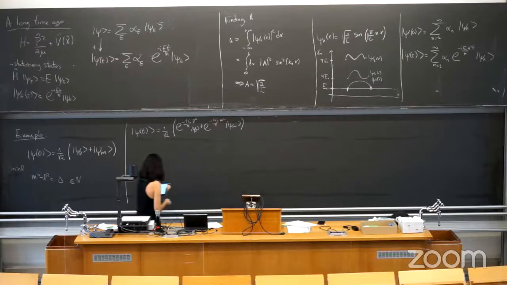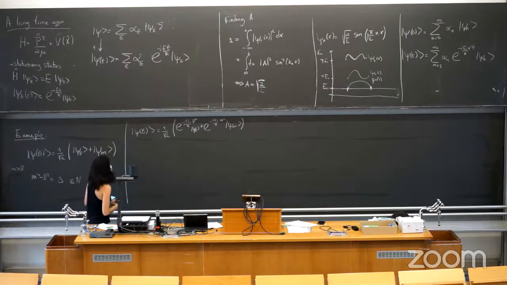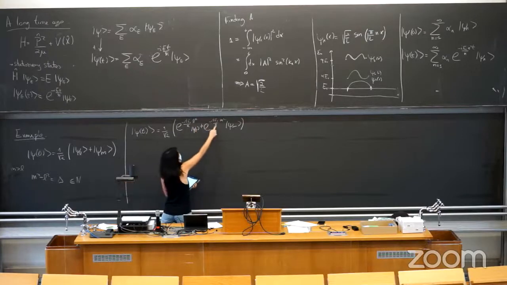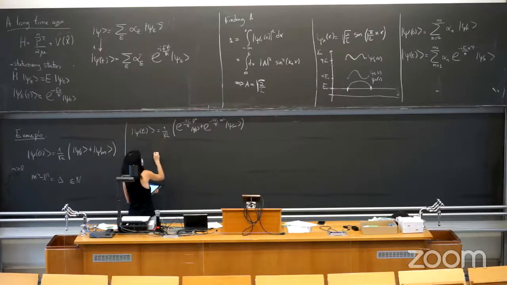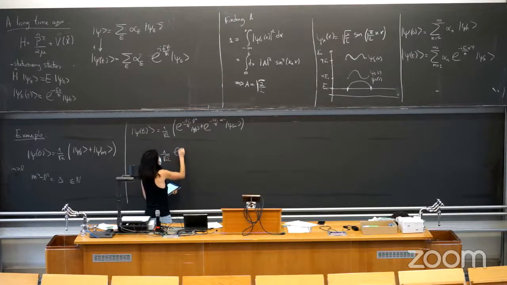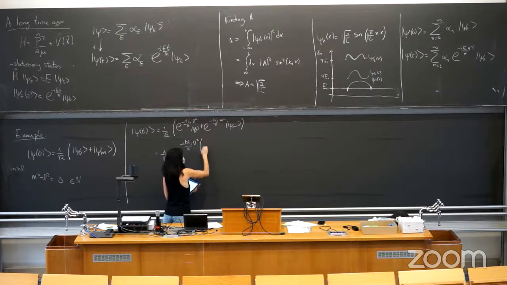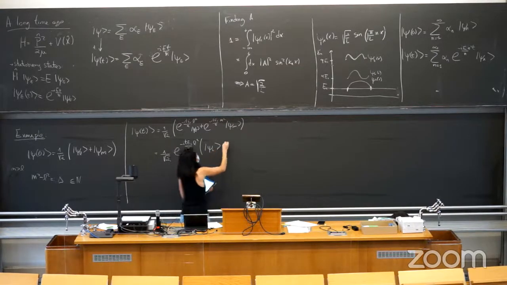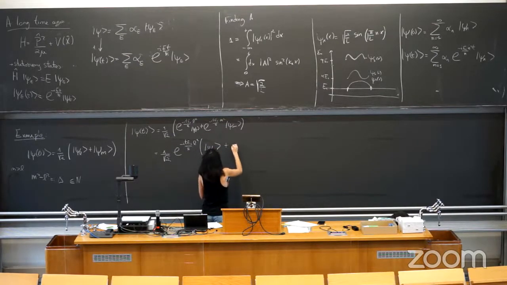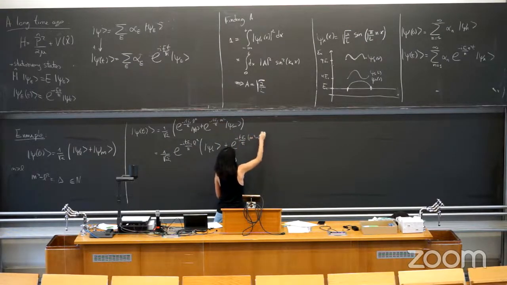Now, because L is smaller than m, we take this L out. So we have 1 over square root of 2 e to the minus i t E1 over h bar L squared, then L plus, and now we have m squared minus L squared, which is just delta.